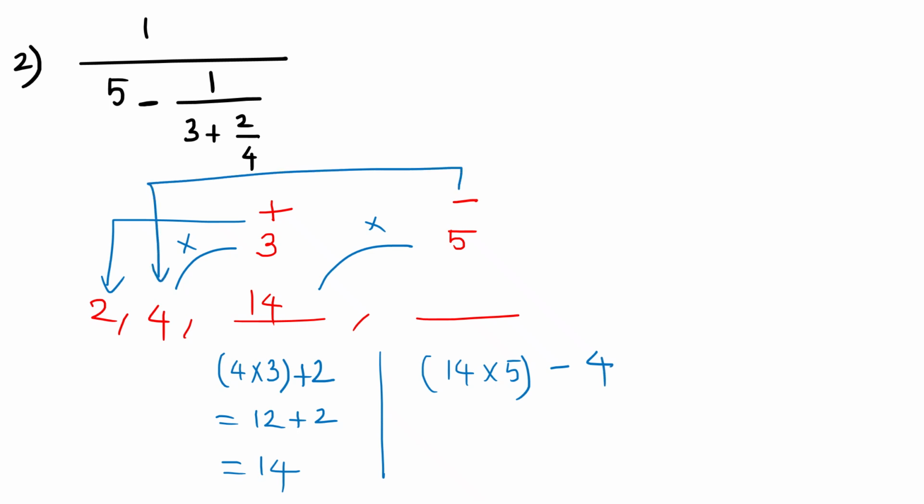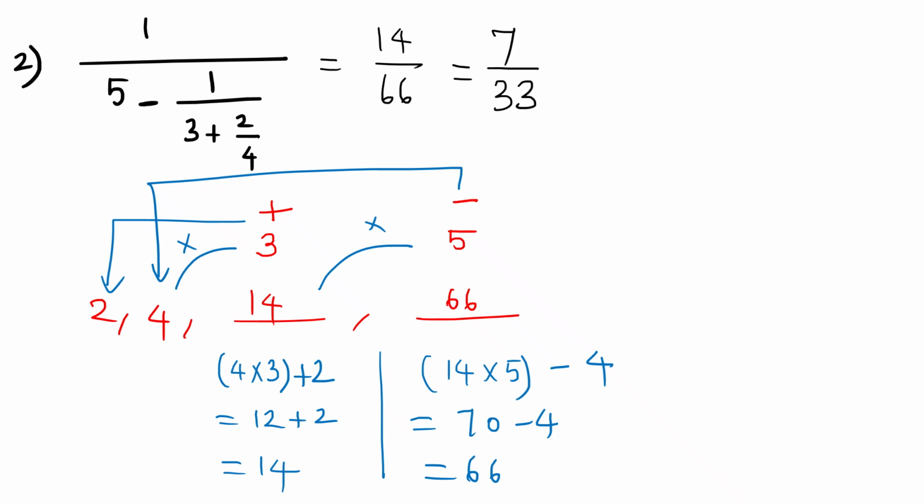So that is minus 4. 70 minus 4, I would have got 66. So now it is also 1 the whole divided by, my answer comes over here, 14 upon 66. Then I have to reduce them into lowest terms. I'm cancelling out with the 2 table. I'll get 7 upon 33.